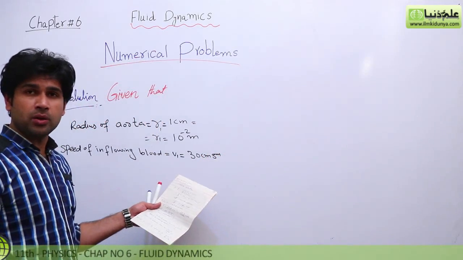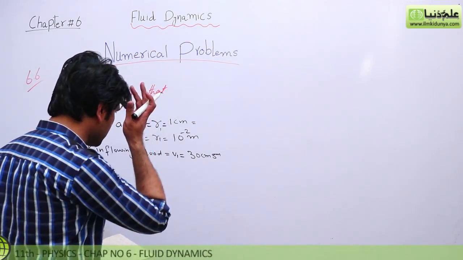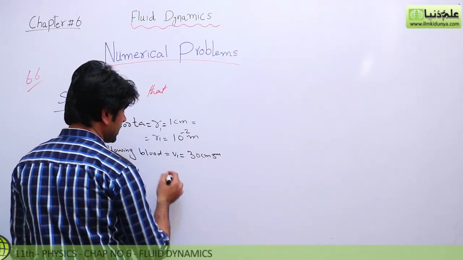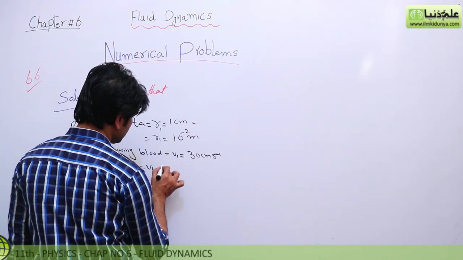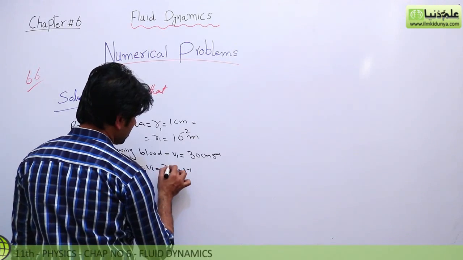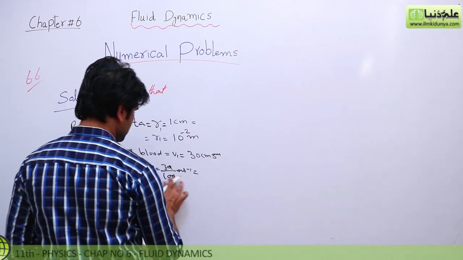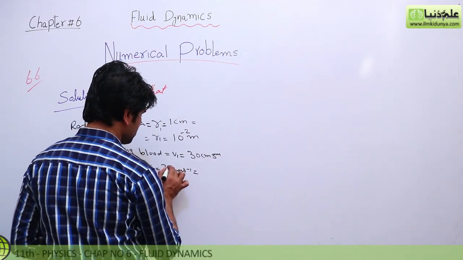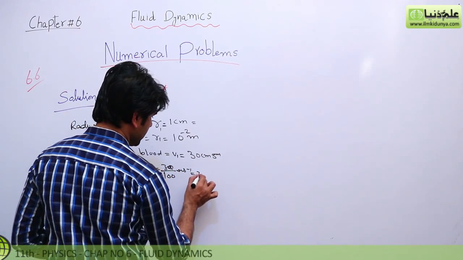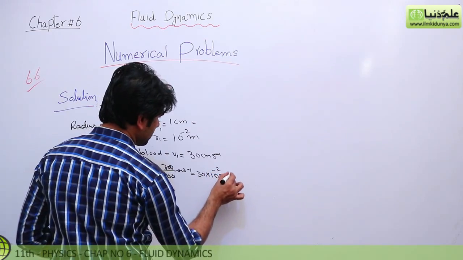Although this is given as 30 centimeter per second, we will have to convert this into meter per second. For this sake, we will divide 30 centimeter per second by 100, then we will have meter per second. You can write by symmetry this as 30 into 10 raised to power minus 2 meter per second.